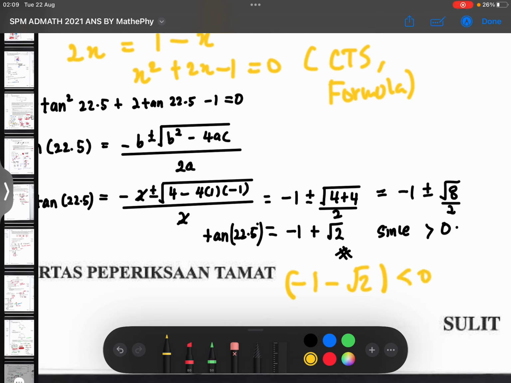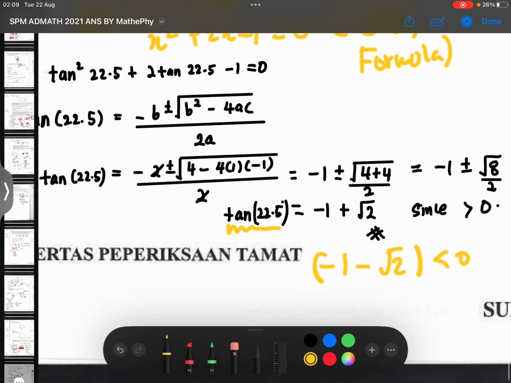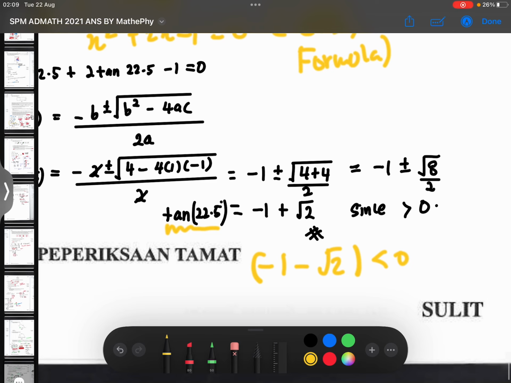But tangent 22.5 is in the first quadrant, so any trigonometric ratio in the first quadrant should be positive. Okay, if the angle is in the first quadrant, the trigonometric ratios sine, cos, and tangent of that angle should be positive. So we need to take minus 1 plus square root 2.